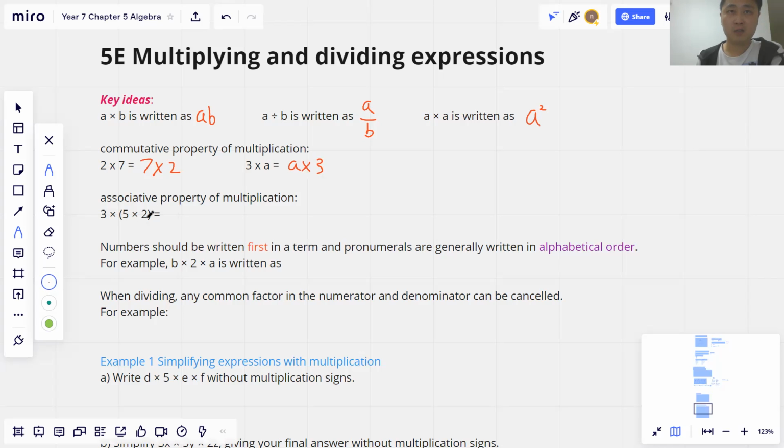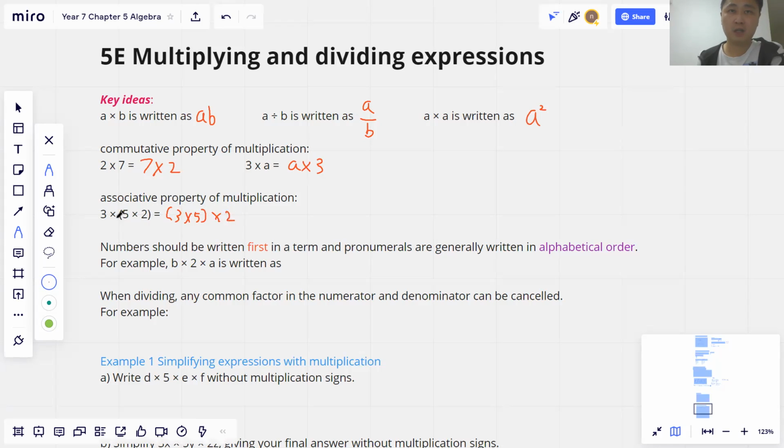Then we have the associative property of multiplication. For example, we have 3 times by bracket 5 times by 2. We can write this as bracket 3 times by 5, times by 2.